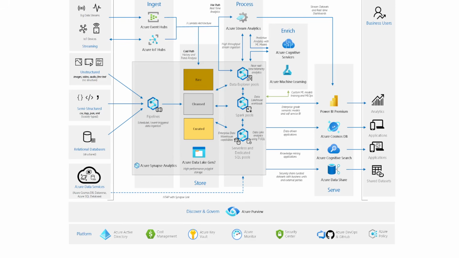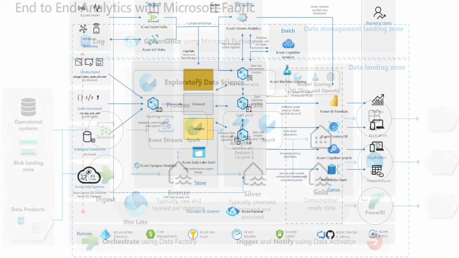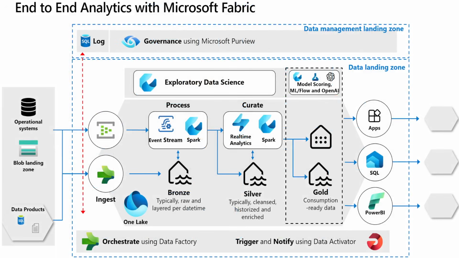Now, if we look at that from the Fabric lens, this is how that translates. Here we have the same kind of patterns. We have batch and streaming ingestion capabilities from our Data Factory workload, our event streaming capabilities, and also Spark streaming if you need to.